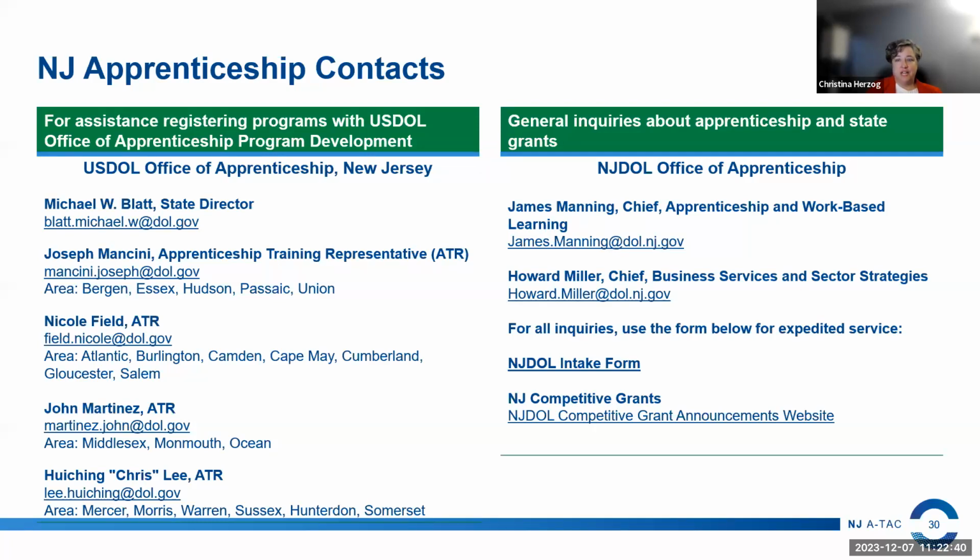And additionally, NJDOL Office of Apprenticeship helps with state grants and general inquiries about registered apprenticeship. As a reminder, the Office of Apprenticeship does not use the NJDOL intake form that we've included as a link in the presentation that you'll have access to later, but that is great for informational requests to NJDOL.